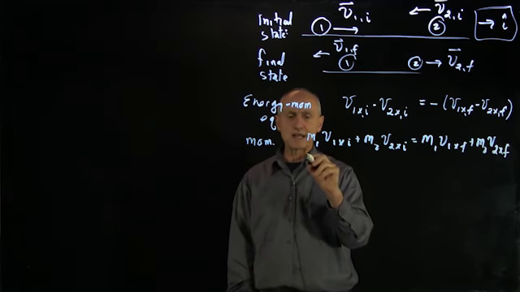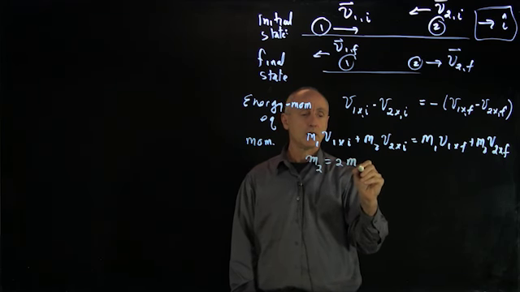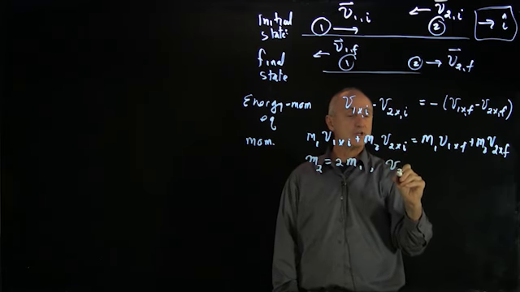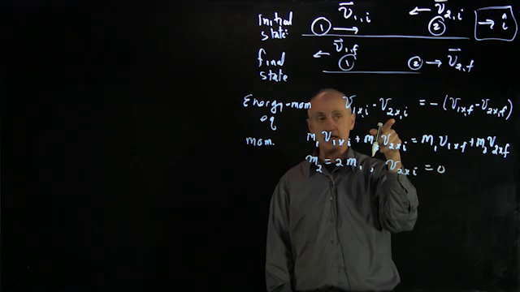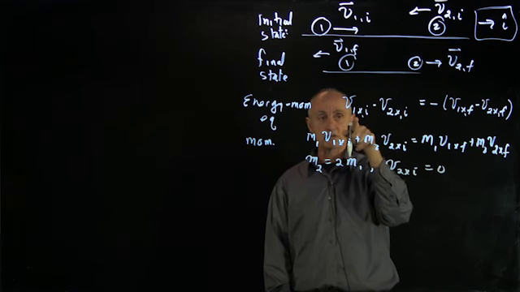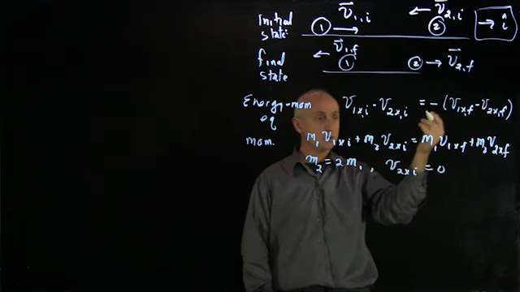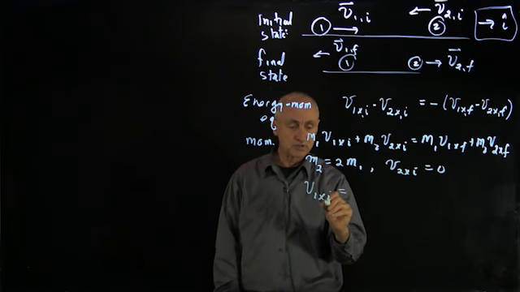Let's look at the same problem that we solved before, where m2 was equal to 2m1. And also, we were in the laboratory frame, so v2x initial is 0. And that tells us that the initial relative velocity is simply the velocity of object 1.